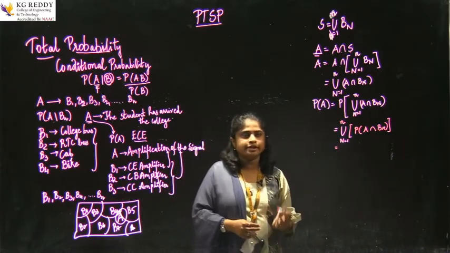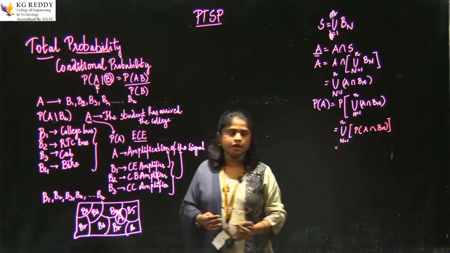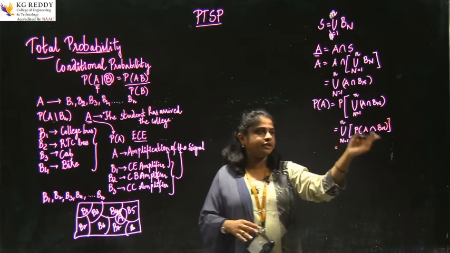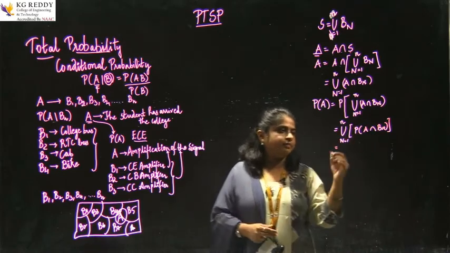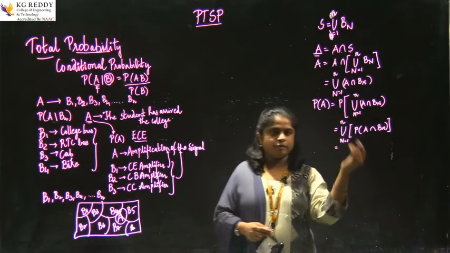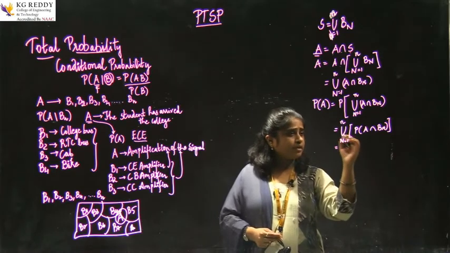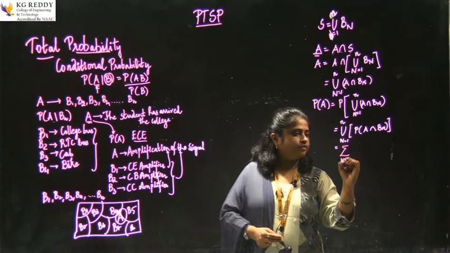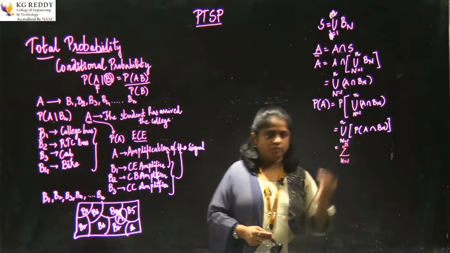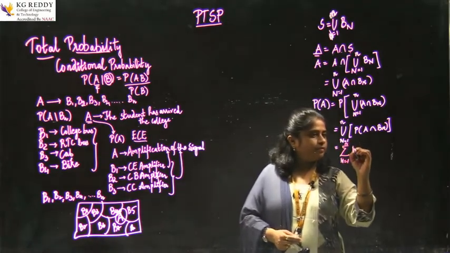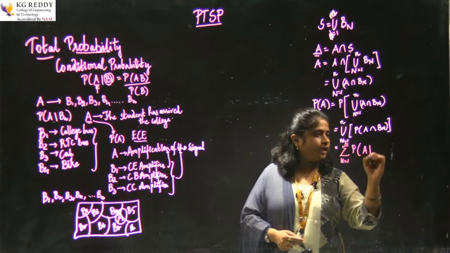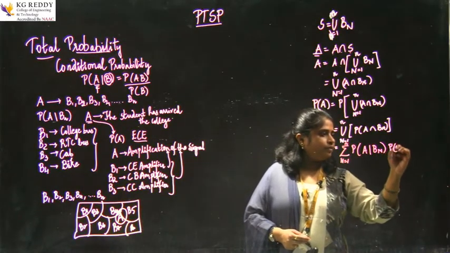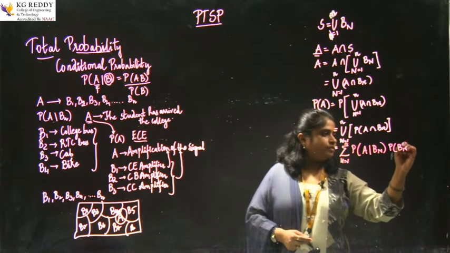From the conditional probability formula, we know that whenever the probability of A is related to Bn, I will apply the conditional probability formula. So the union I can write as a summation of n equal to 1 to n of probability of A by Bn into probability of Bn.